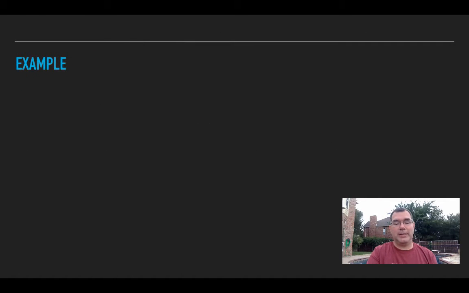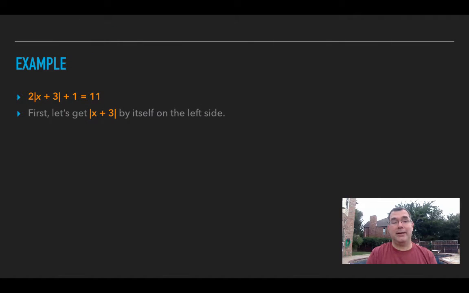All right, so for example, if I have 2 times the absolute value of x plus 3, plus 1 equals 11, I need to get the absolute value of x plus 3 by itself. So that means I need to get rid of that multiplication by 2, and I need to get rid of the addition of 1. So let's remember the order that we do those things in. I'm going to get rid of the plus 1 first, and to do that I'm going to add negative 1 to both sides.